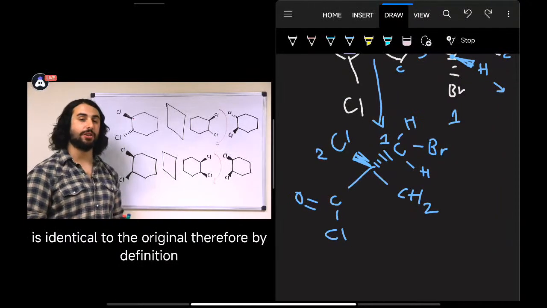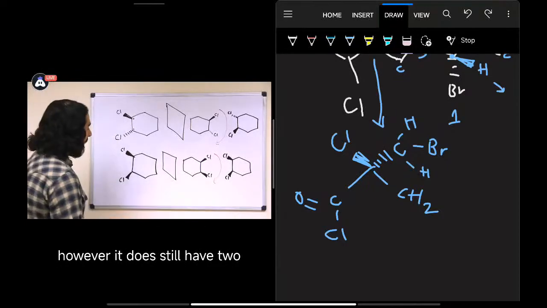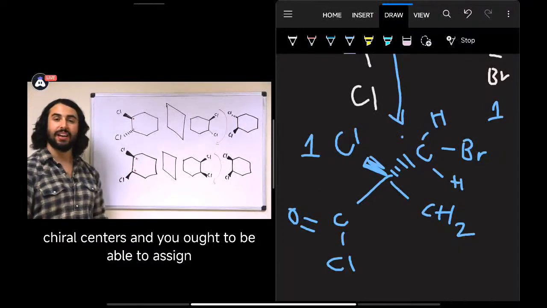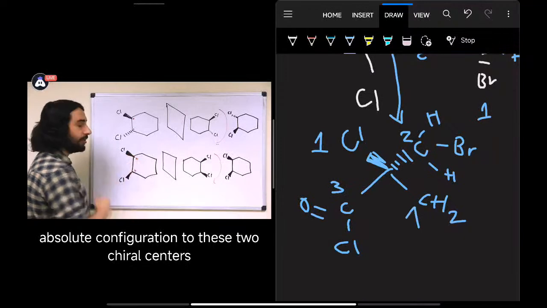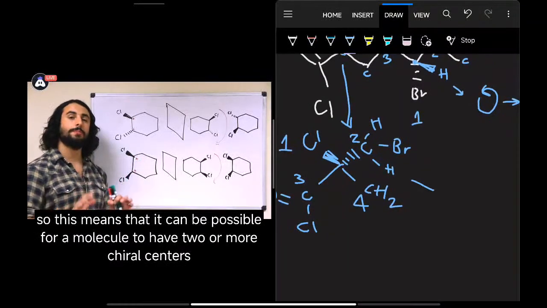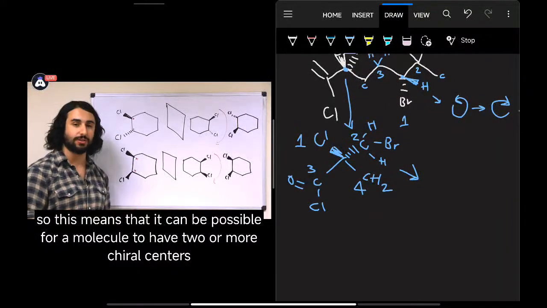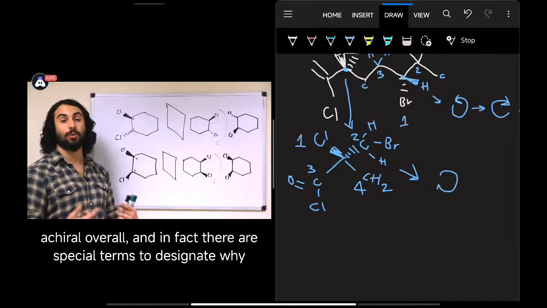Therefore, by definition, this is achiral or not chiral. However, it does still have two chiral centers, and you ought to be able to assign absolute configuration to these two chiral centers. So this means that it can be possible for a molecule to have two or more chiral centers with their own absolute configurations, but be achiral overall.